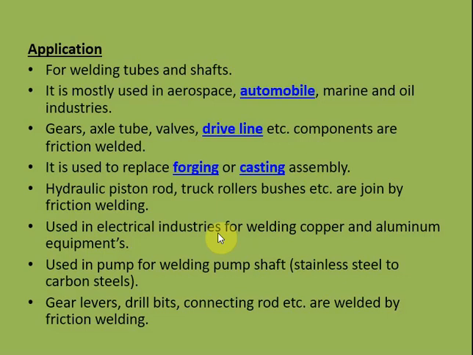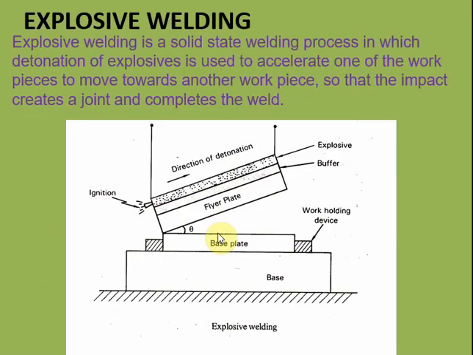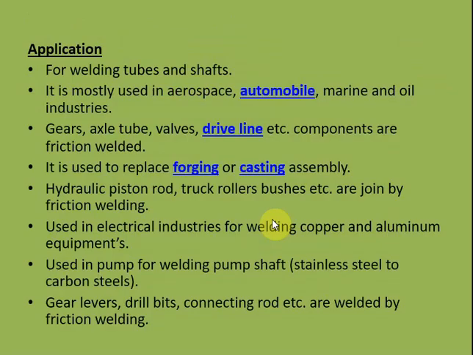If it is other than cylindrical shape, we will generate the heat by friction by rubbing against each other, not by rotation. In that case, we need a different kind of machine. That's why the entire machine setup is a bit costly.